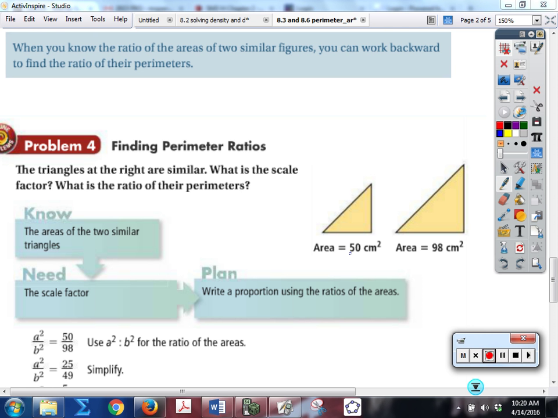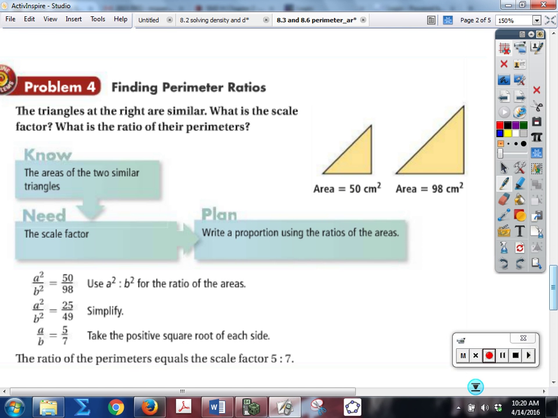So when you look at this one, you have 50 over 98 is the ratio of the areas. You know that's squared. If you can reduce it, that's going to make a huge difference. Because if I try to square root this right now, it looks really hard, and I'll have to pull out some things and simplify it. But if I simplify it first and I get 25 over 49, then that's really easy just to square root that.